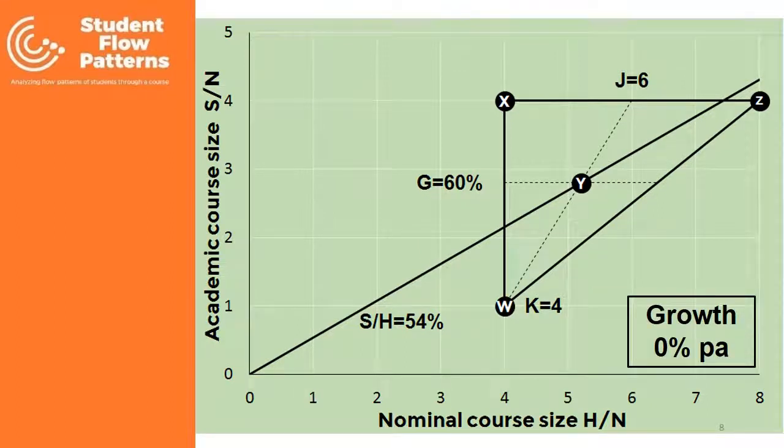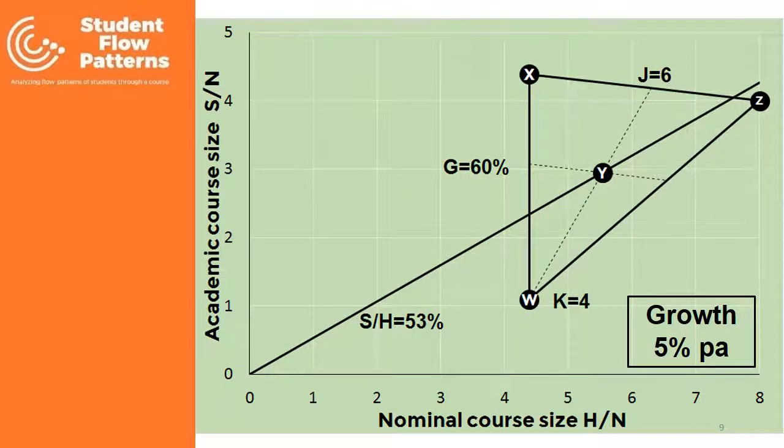The software also provides for the possible increase and decrease in the average annual intakes of students, something which continually happens in real study courses. Growth changes the shape and position of the flow triangle, but does not change the fundamental characteristics of the flow diagram.